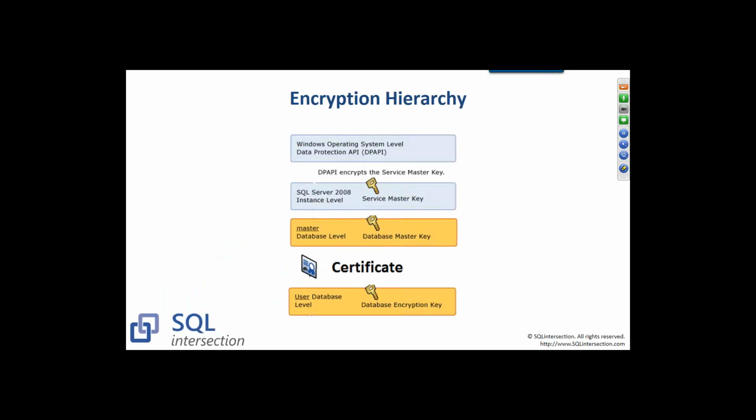The database encryption key is created in the user database and lives in the boot page of the database. So when you boot up the database, it loads that only if the encryption hierarchy above is in place. So if you removed any piece of this in the middle, you would not be able to encrypt the database.